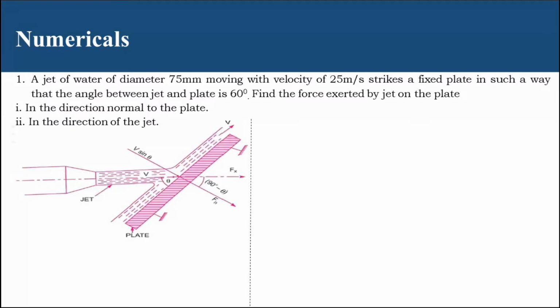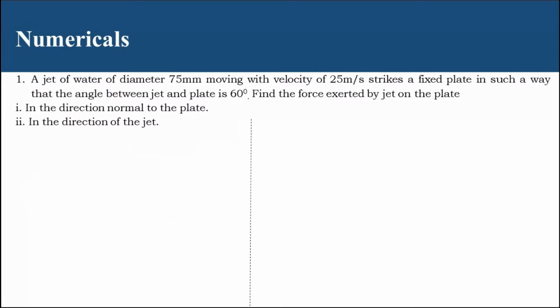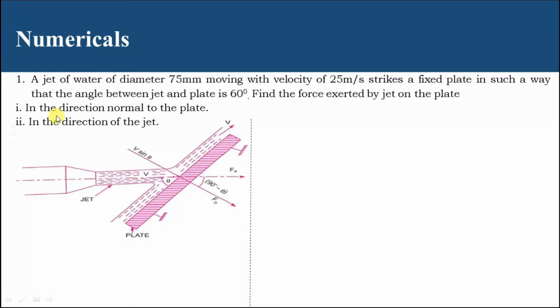Basically, this is a case of impact of jet. In the first case we are supposed to calculate Fn, the force normal to the plate, and in the second case, in the direction of the jet, that means Fx.